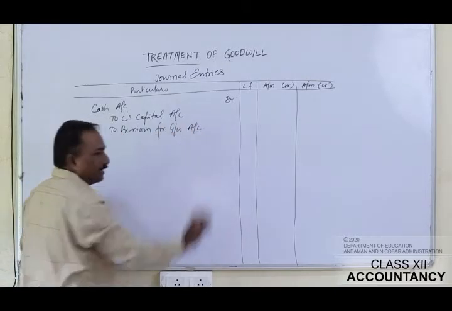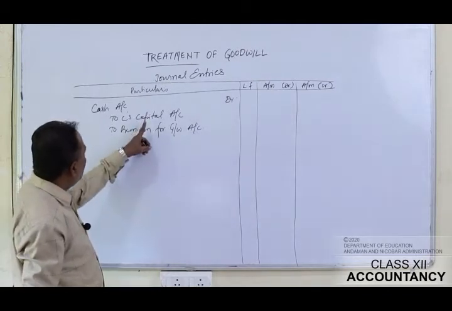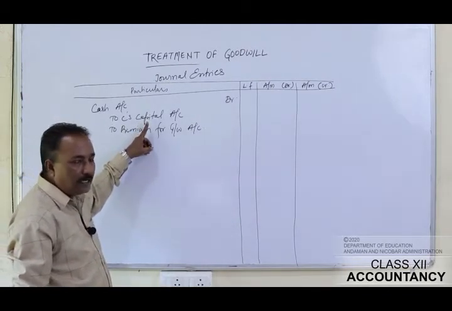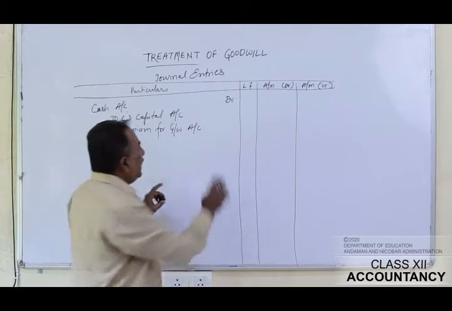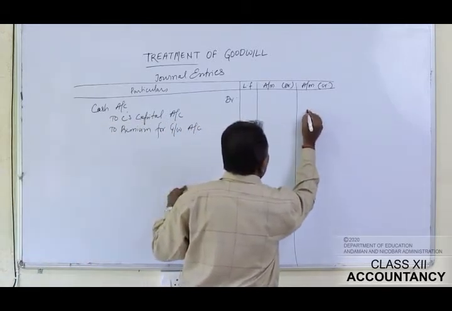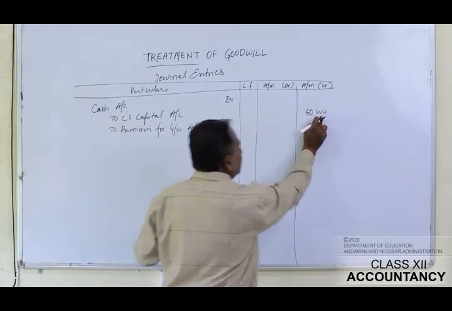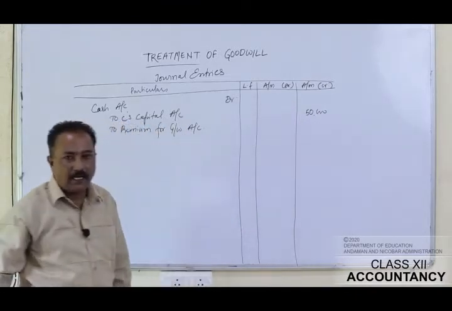This is the journal entry that will be passed. Now we will write down the amount of capital which is brought in by the new partner, and the amount is rupees 50,000 which he is bringing by way of the capital.